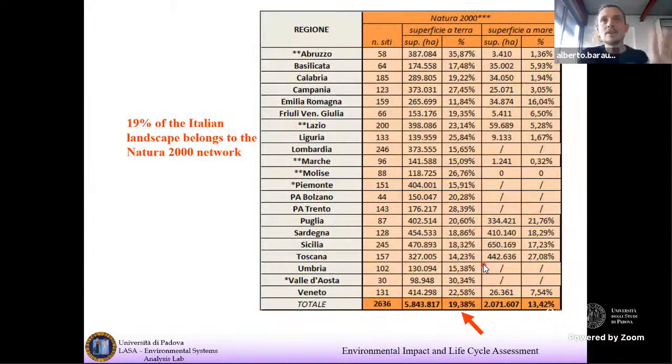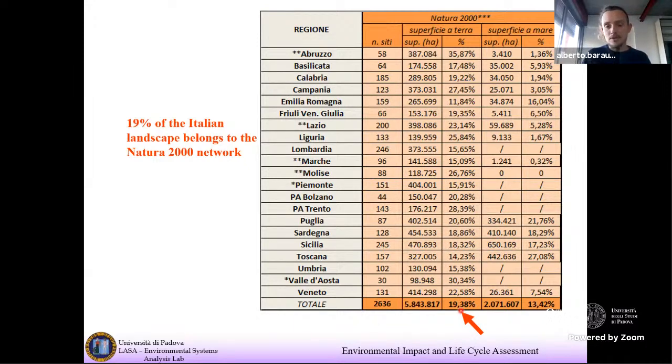If you look at the aggregate table, which is the most interesting one, the one I was thinking about before. So this is about the Natura 2000 sites in Italy. You see that we have nearly 3,000 sites, and that about 19% of the Italian landscape is covered by the Natura 2000 network, which is a lot.